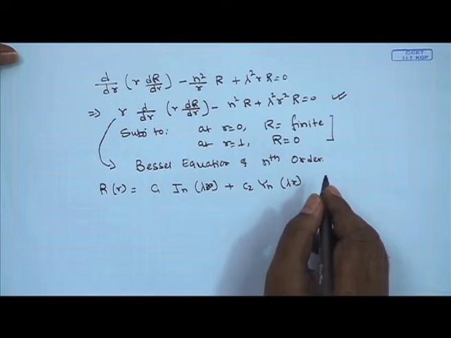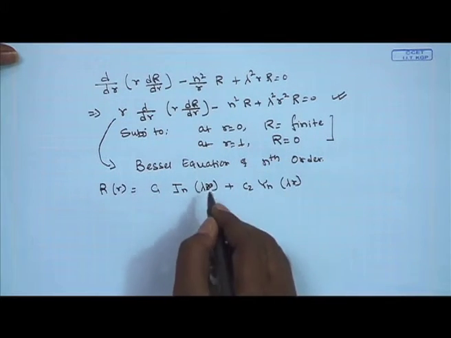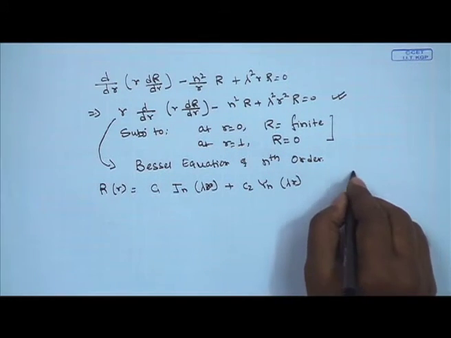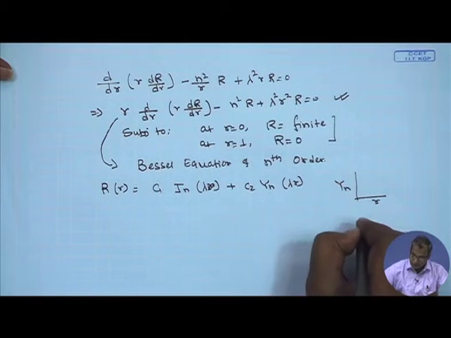So, this is the solution, and now if we put in the boundary condition, if we know the definition of Yn, Yn is infinite at r is equal to 0.